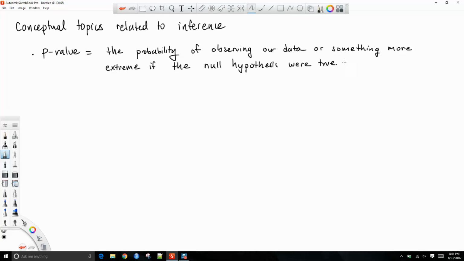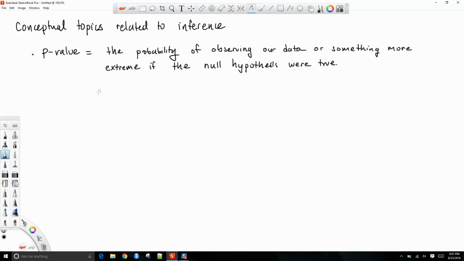The key is that it's the probability of seeing your data. It's not the probability of whether the null or alternative hypothesis is true. It's the probability of seeing your data if we assume that the null hypothesis were true.